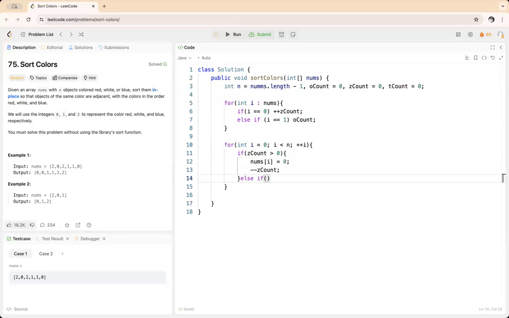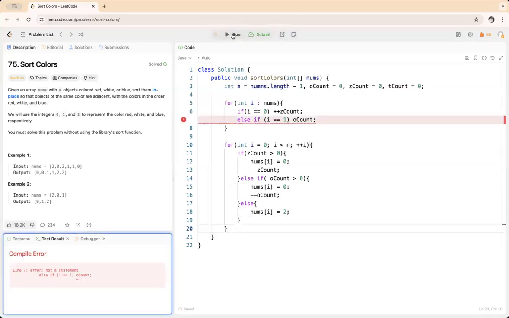Else if one count is greater than 0, we will take nums of I is equal to 0 minus O count like this. And afterwards, everything will be nums of I equal to 2. And that will solve the problem for us.